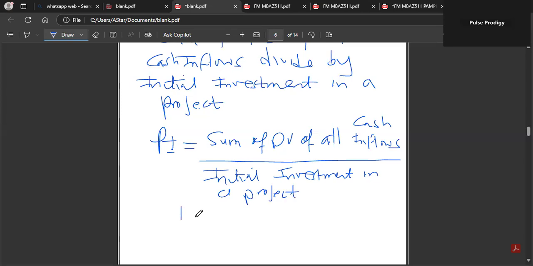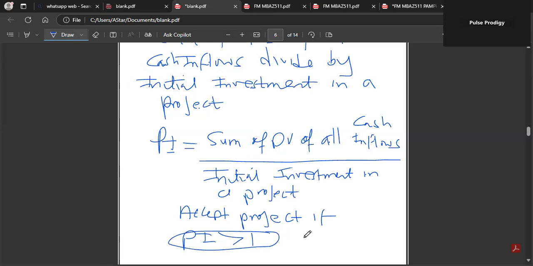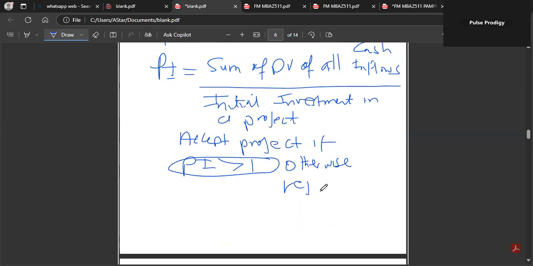So accept the project if the PI is greater than 1, otherwise reject the project. So this is what happens concerning the PI.